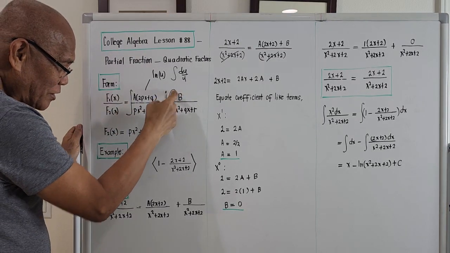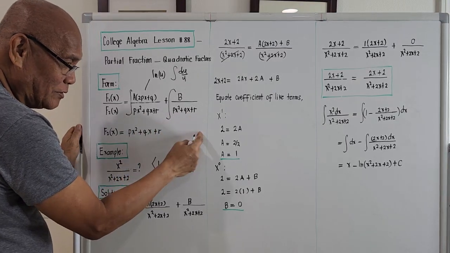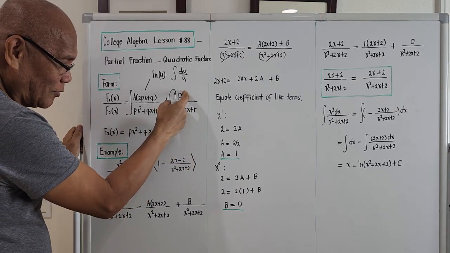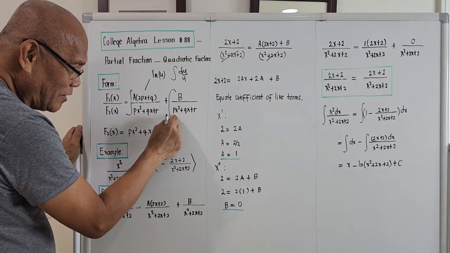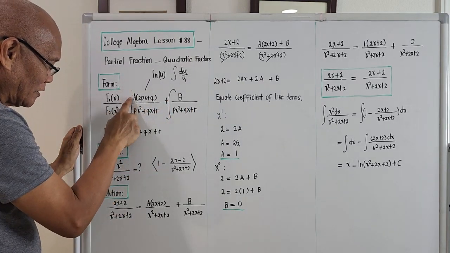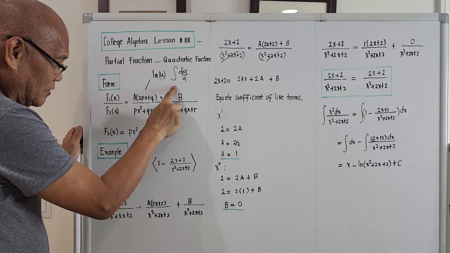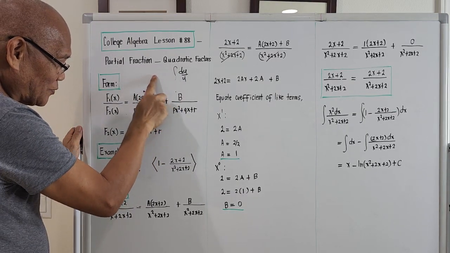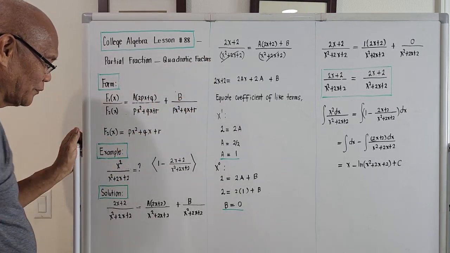And for the second one, there's still a problem because it's still a quadratic equation, but if we can solve for the value of B, we can find the integral of this, as long as we know the value of B. Okay, I will remove the integral sign. So that's the significance of partial fractions and the quadratic factors.